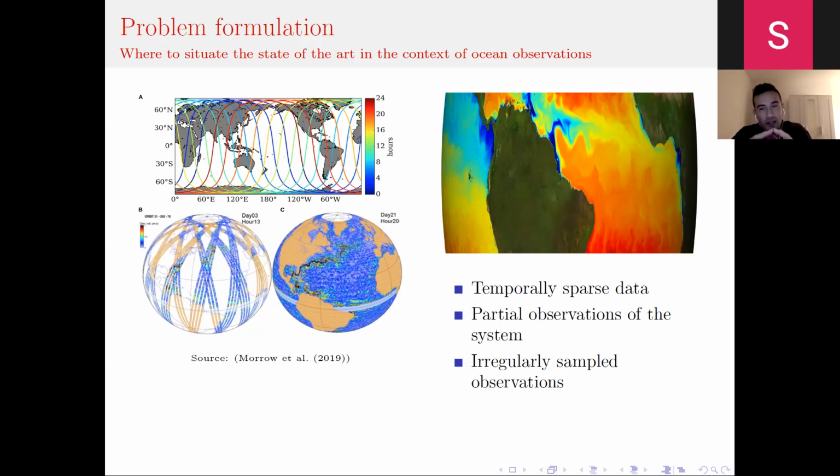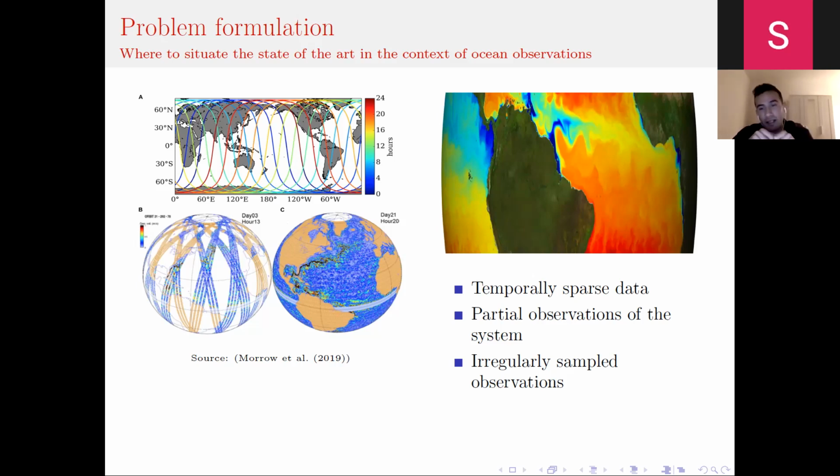Ocean surface observations are temporally sparse, either when considering actual satellite remote sensing observations, for which, for some variables, the temporal resolution will depend on the return times of the satellite, which leads to huge spatiotemporal gaps in sampling of the observations, or when considering actual model simulations, where the temporal resolution of model simulation products is usually days, which misses faster variability that is necessary from a modeling point of view.